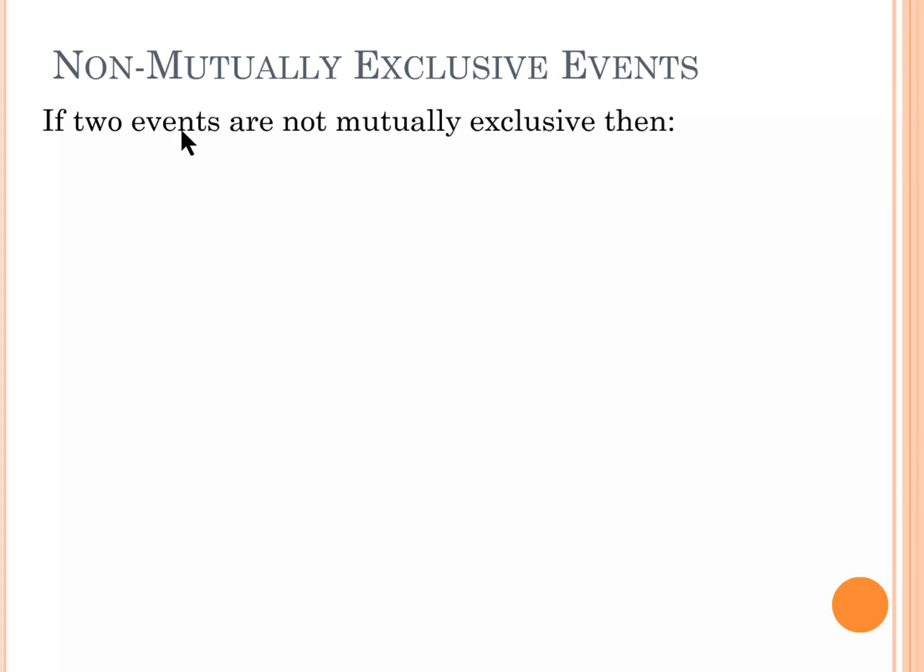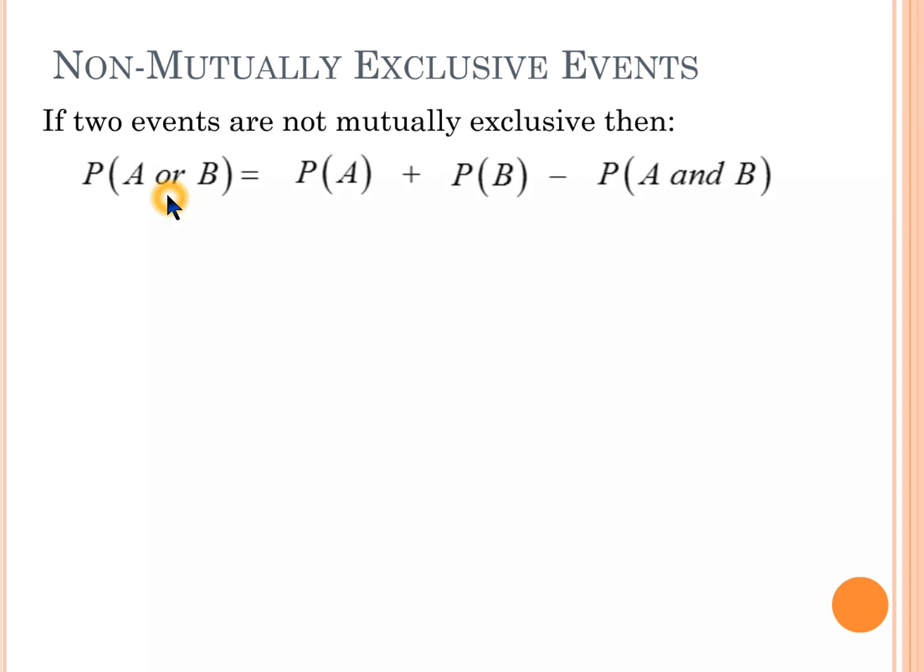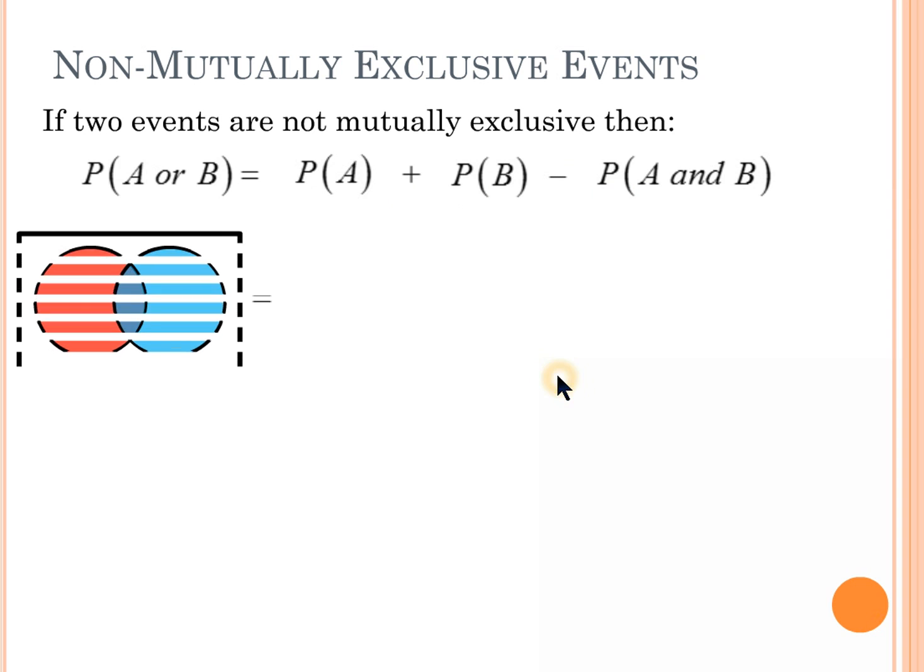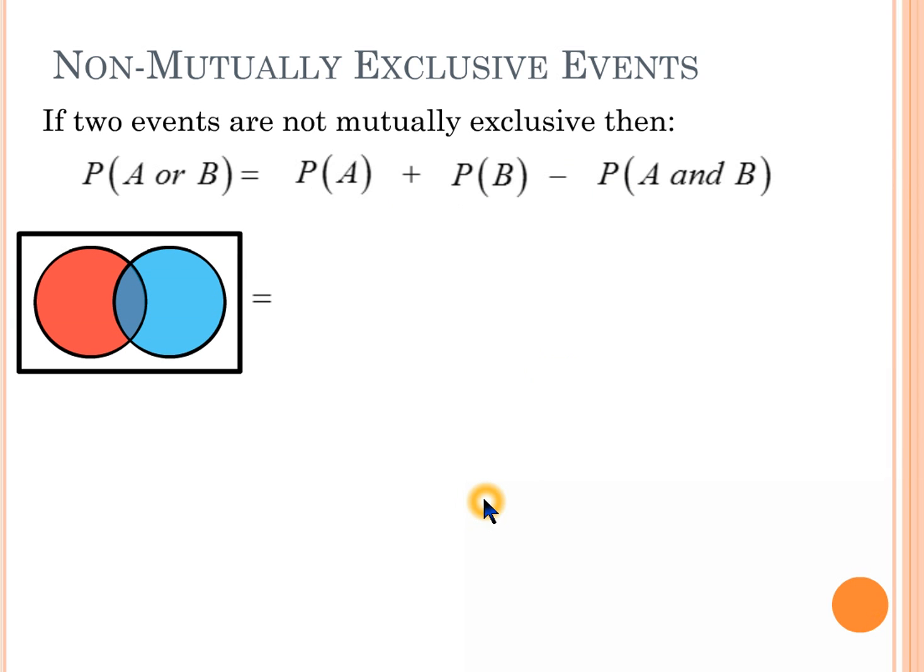All right, let's take a look at non-mutually exclusive events. If two events are not mutually exclusive, then we have this formula: the probability of A or B equals the probability of A plus the probability of B minus the probability of A and B. All right, so here's my diagram here. If we're non-mutually exclusive, then this is my Venn diagram.